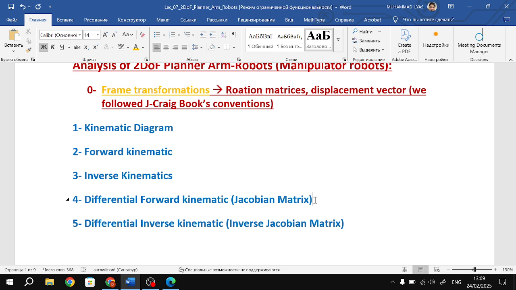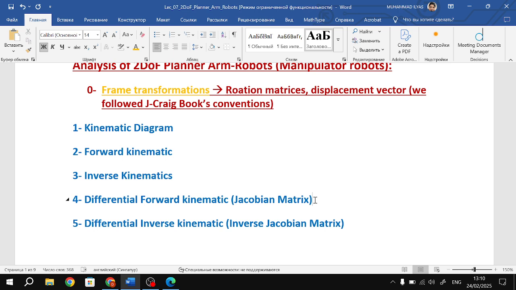The Jacobian matrix is used to convert one to the other, because the partial derivative is the Jacobian. So the Jacobian matrix gives you the relationship between the velocity of the end-effector and the velocity of your joints, right?